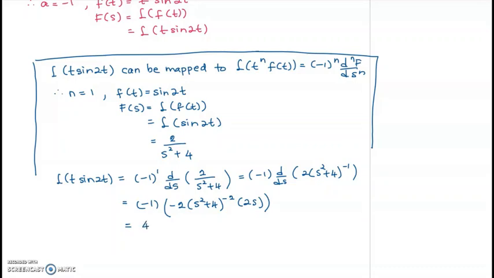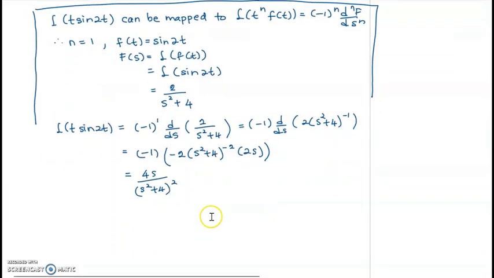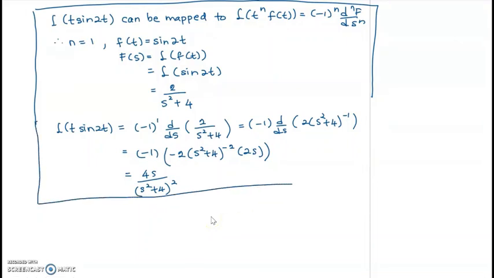So at the top I have 4s over (s squared plus 4) power of 2. This is the transform of t sine 2t.